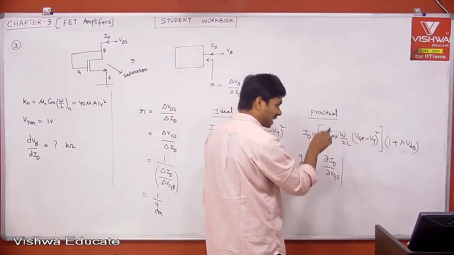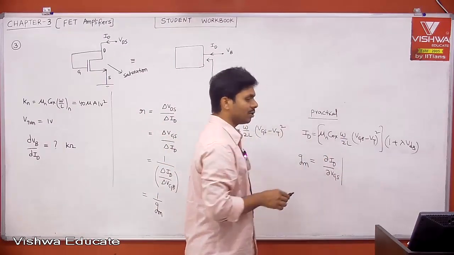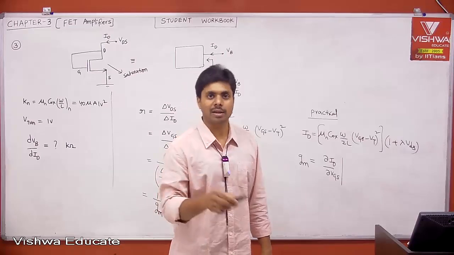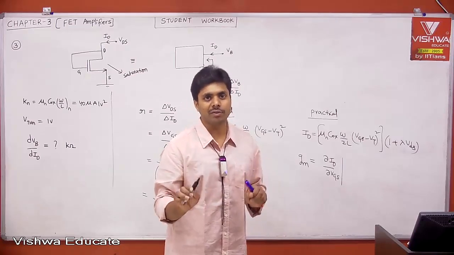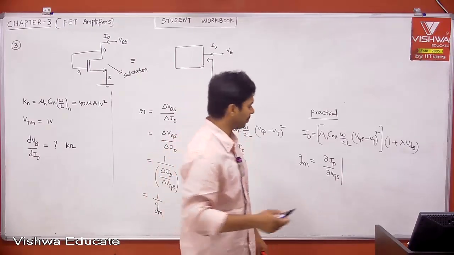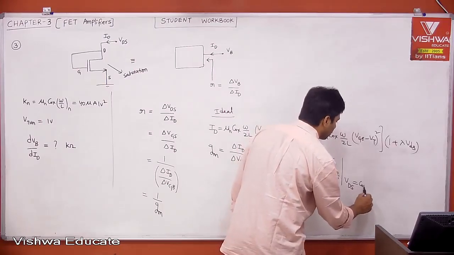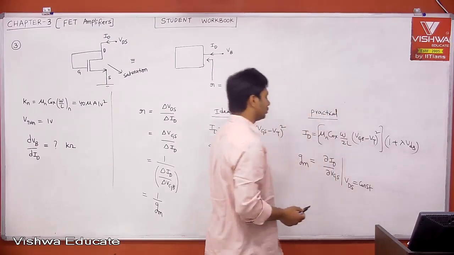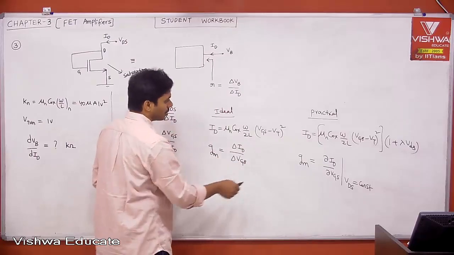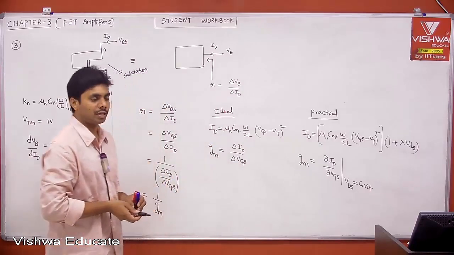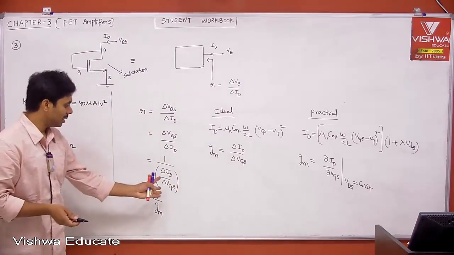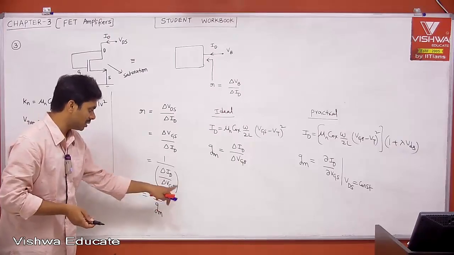Therefore, we have to give the definition with respect to the practical scenario, not the ideal one. The definition is valid for any condition. This is the original definition where VDS is constant, which is what I gave. Both are the same. There is no need to say VDS constant because it is independent of VDS. That's why delta ID by delta VGS is fine, even though VDS is nothing but VGS, which is changing.